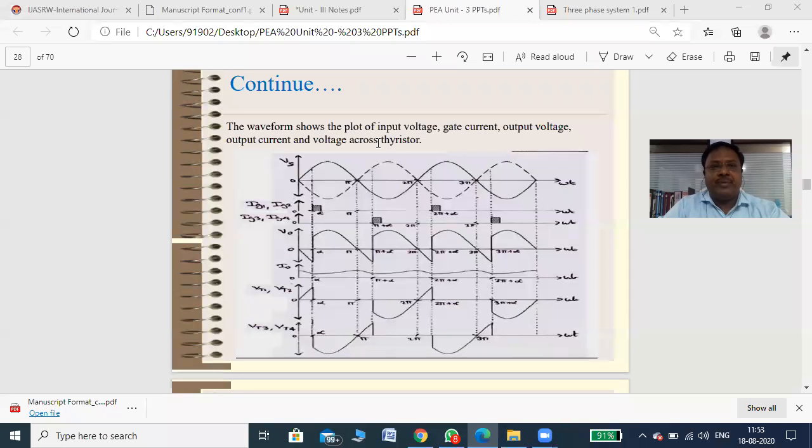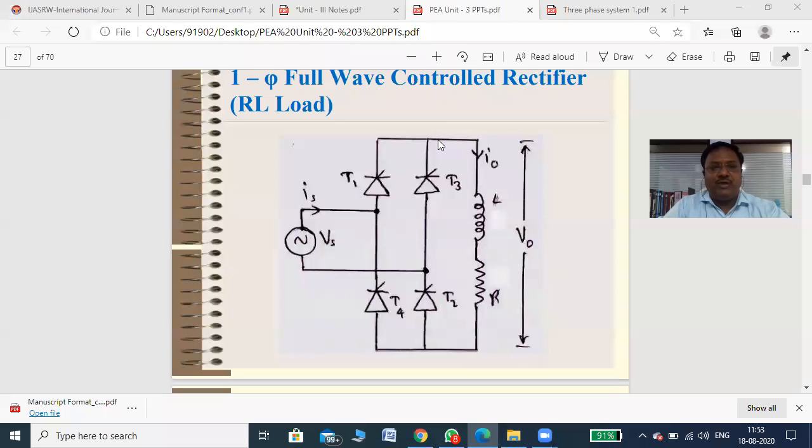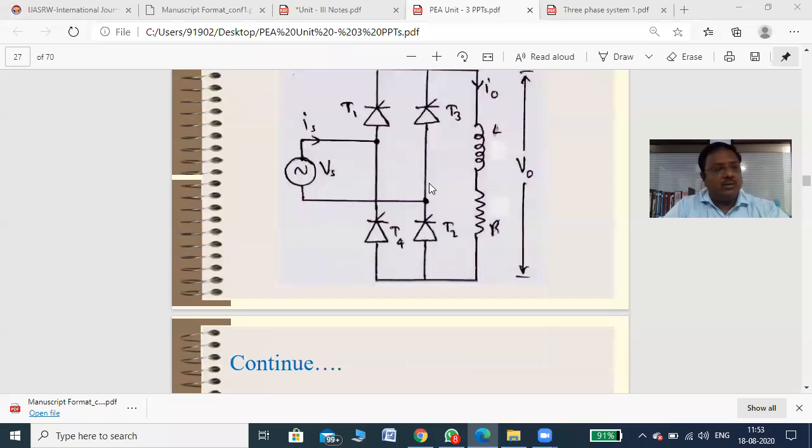In the last lecture, we have seen a single phase full wave controlled rectifier for RL load. Now I'll just revise this part in a small time, because this is the most important.